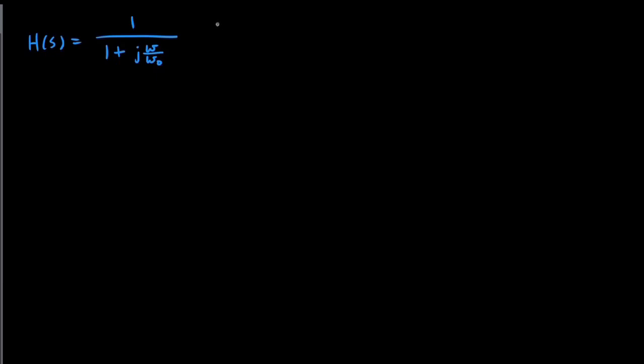So the gain is going to be 1 divided by the square root of 1 plus omega divided by omega naught squared. Okay, so that's probably not a surprise. It looks just like the reciprocal of what we had for the real zero.